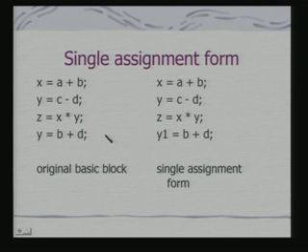So, let us take an example. This is a simple set of assignment statements. So, these can be the computation needed to be done at a node. So, this is a basic block. Now, this block can be rewritten where I have introduced another variable.